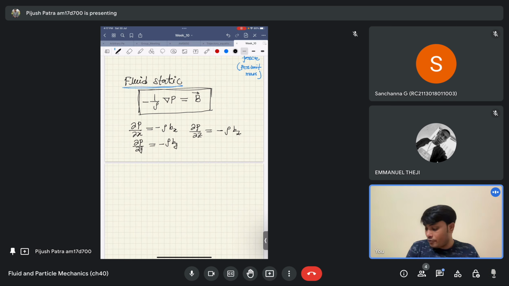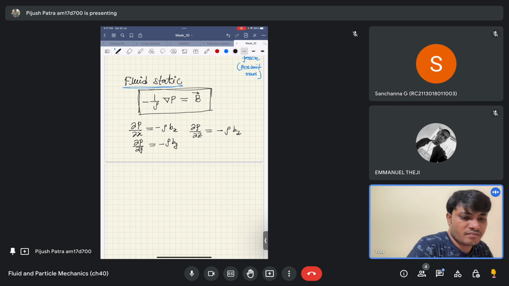If you consider gravity, then only the z component will be there. For gravitational acceleration as the body force, Bz will be related to z, and Bx and By will be 0.